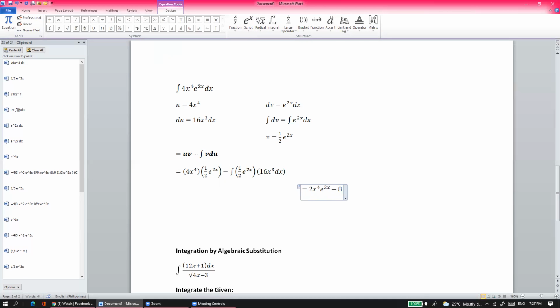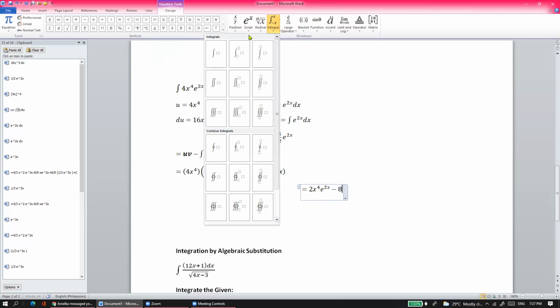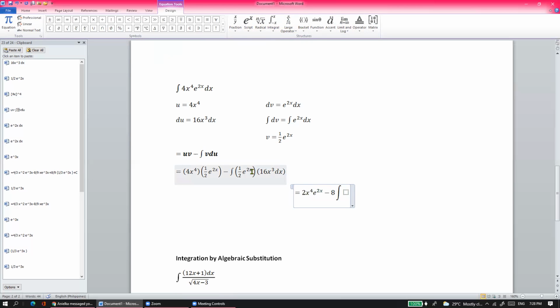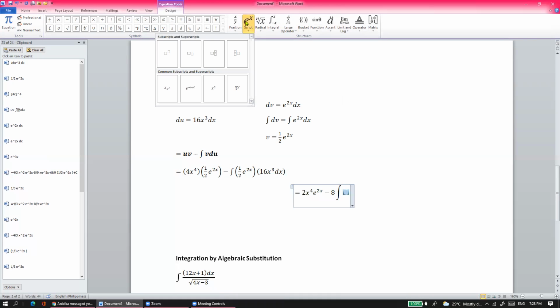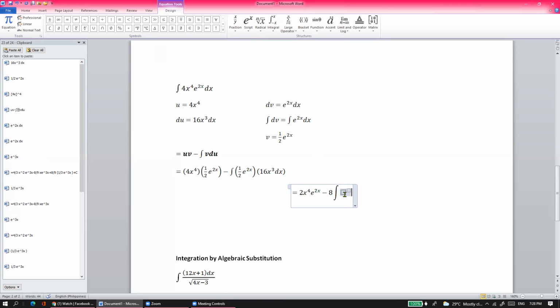And then, integral symbol. We have x cubed e to the 2x. Paki-correct lang kung tama ba siya, anak, no? O hindi. So, we have 16, x cubed na lang. So, x cubed, then, e to the 2x dx.